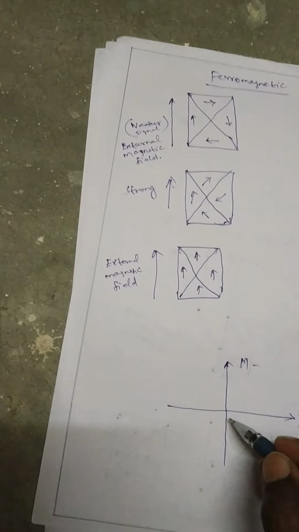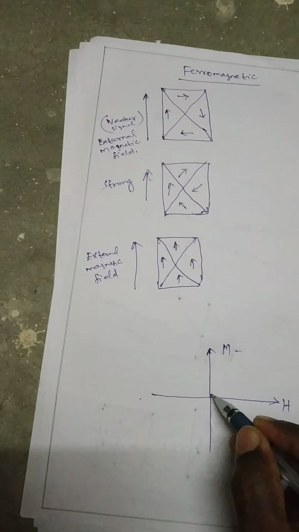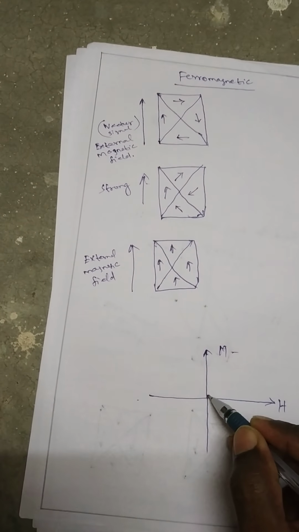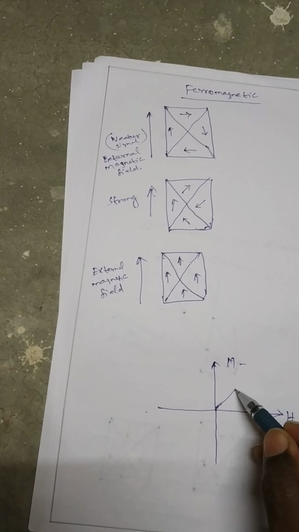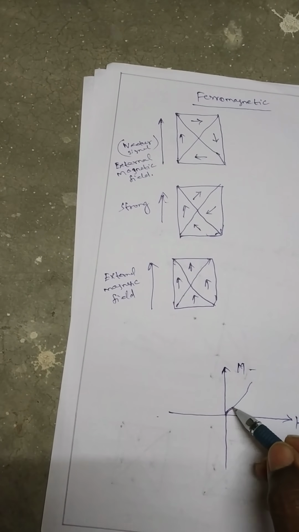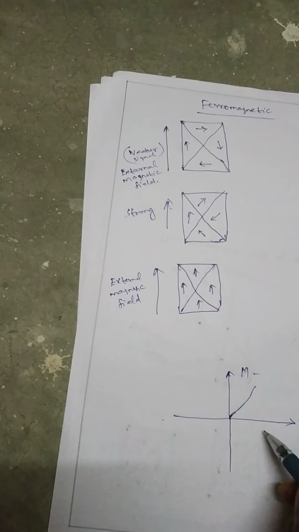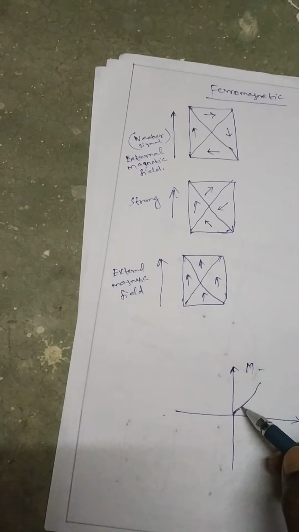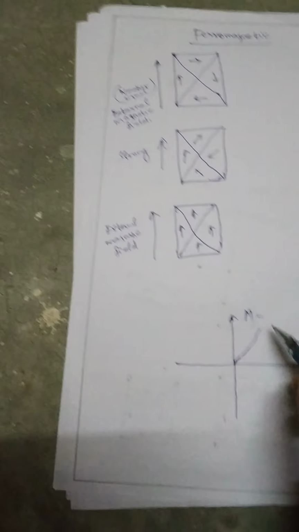Here you see, if we increase the external magnetic field, the magnetism of the material also increases. So the curve goes in this way.